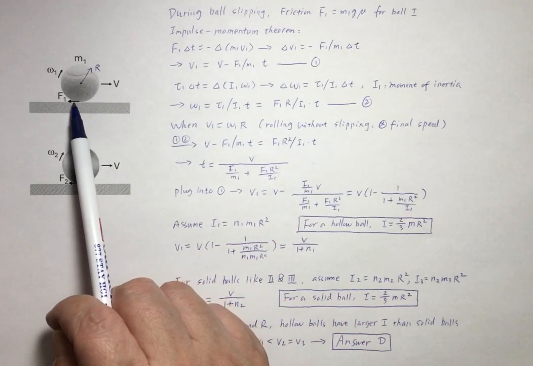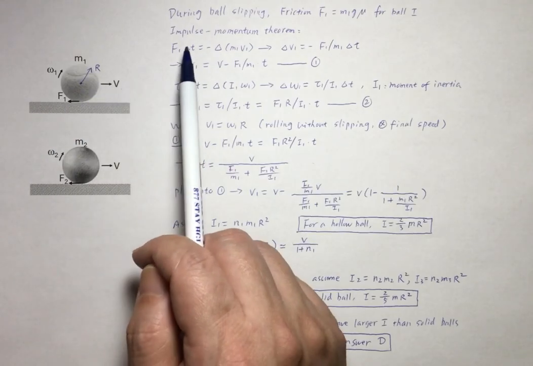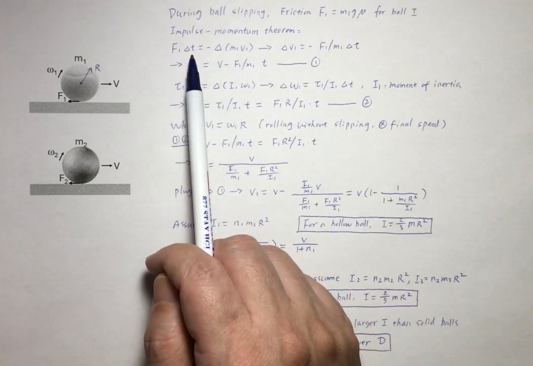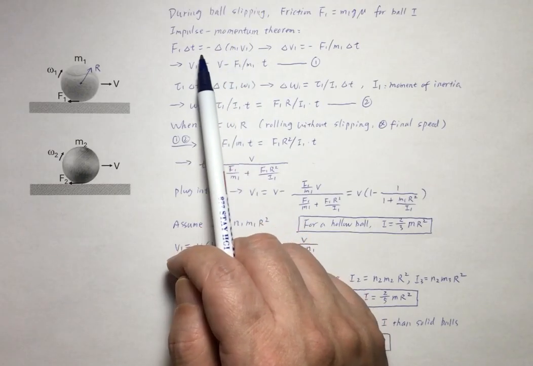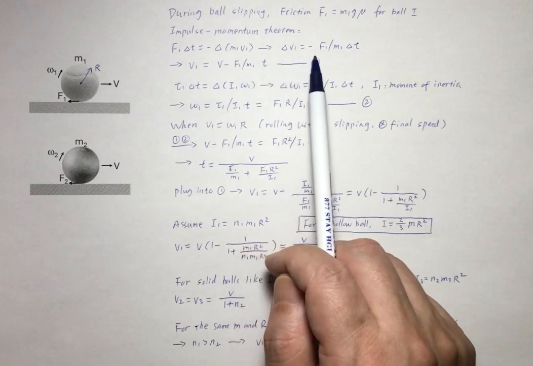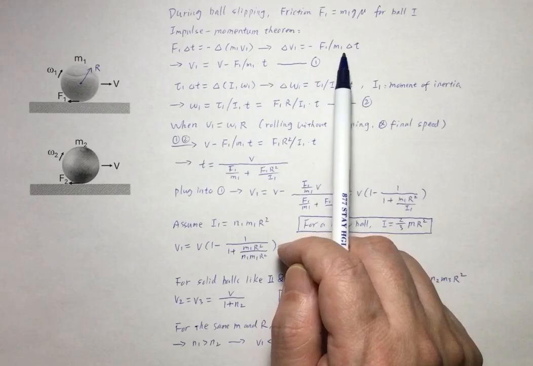F1 is along the left direction and v is to the right, so we have a minus sign here. F1 delta t, the force impulse, is equal to the change of momentum. So delta v1 equals minus F1 over M1 delta t.